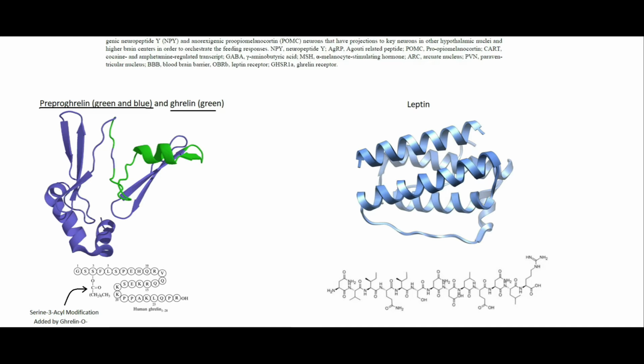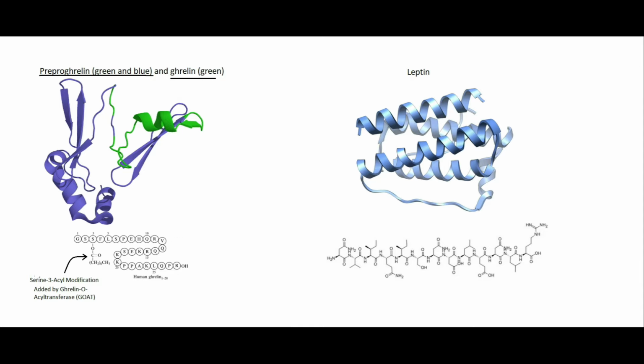And one thing to also notice about Ghrelin is that it is acylated, so it has a fatty acid bound to the serine in the third position here, and it's added by Ghrelin O-acyltransferase, or GOAT. And that is actually necessary for Ghrelin to be active. If that's not on there, then the Ghrelin is inactive.